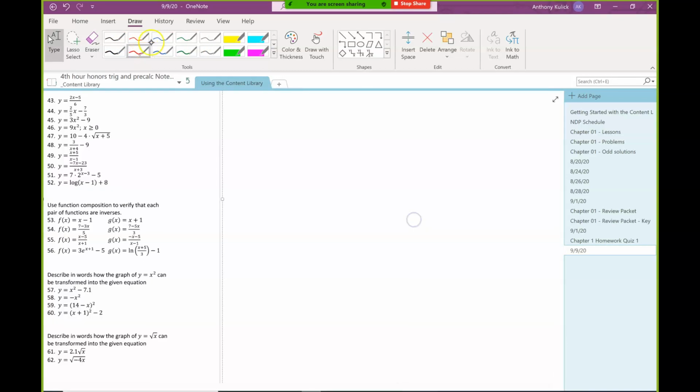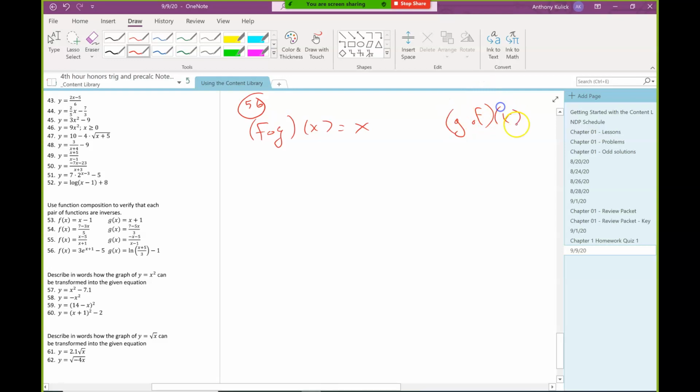That's fine. So to do that, we need to show two things. We need to show that g compose f of x is equal to x, and then the reverse. Okay with that? So those are the two things that I'm going to do.